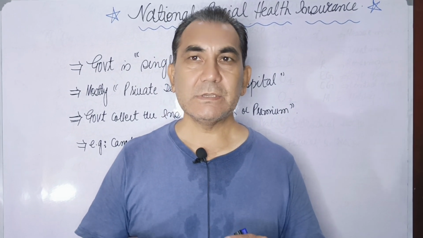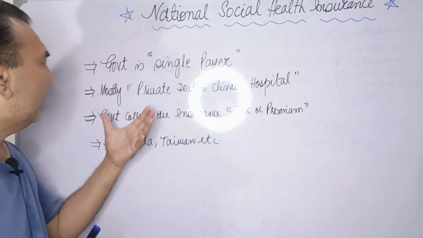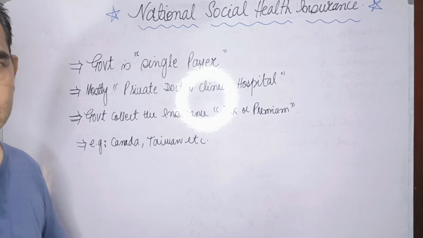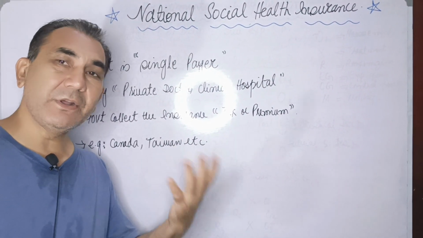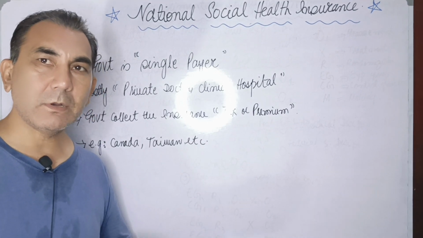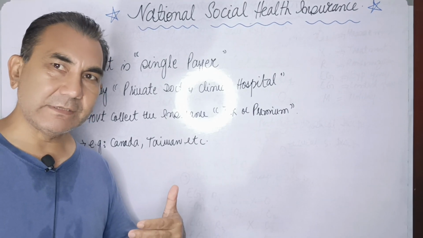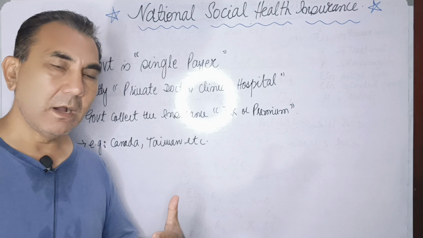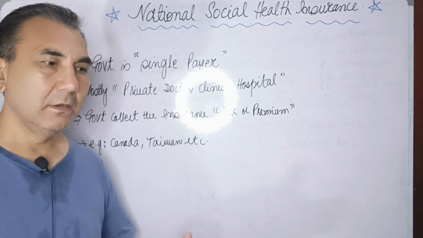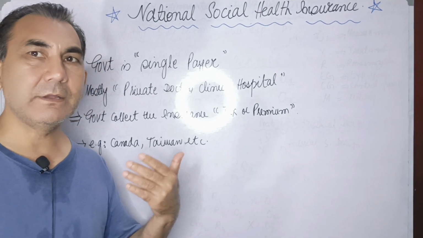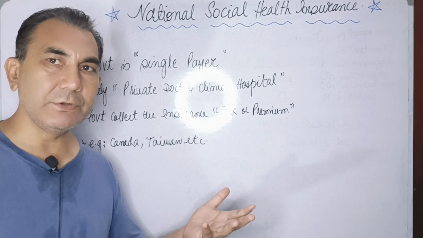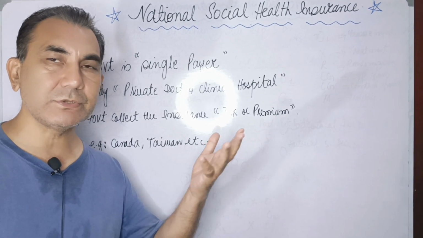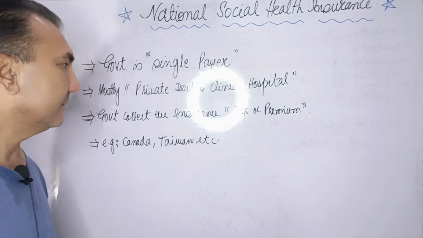This system is very easy, and the government collects the money. The government is in charge of executing the money and the reimbursement of the payment, on behalf of the individuals or the community, to the doctors, to the clinics, and to the hospitals.